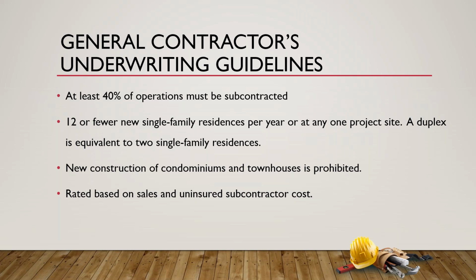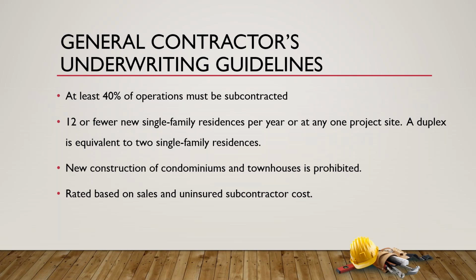As long as that payroll is less than 40%, then they're still considered a general contractor. They can do 12 or fewer new single-family residences per year or at any one project site. A duplex is considered 2 single-family residences.